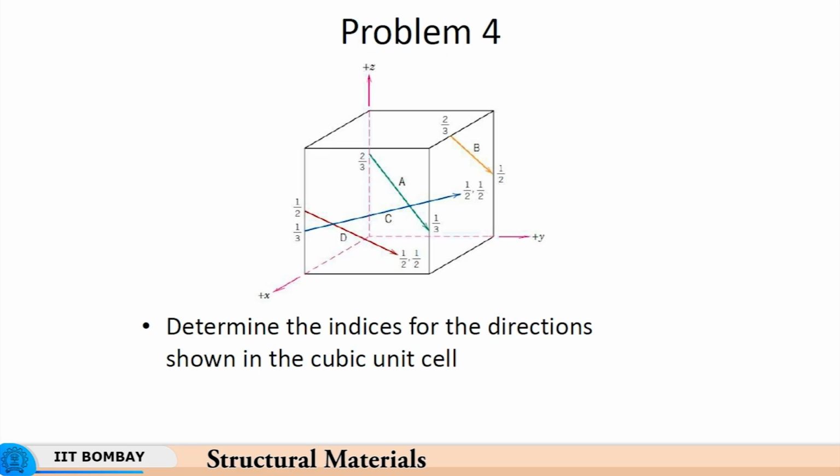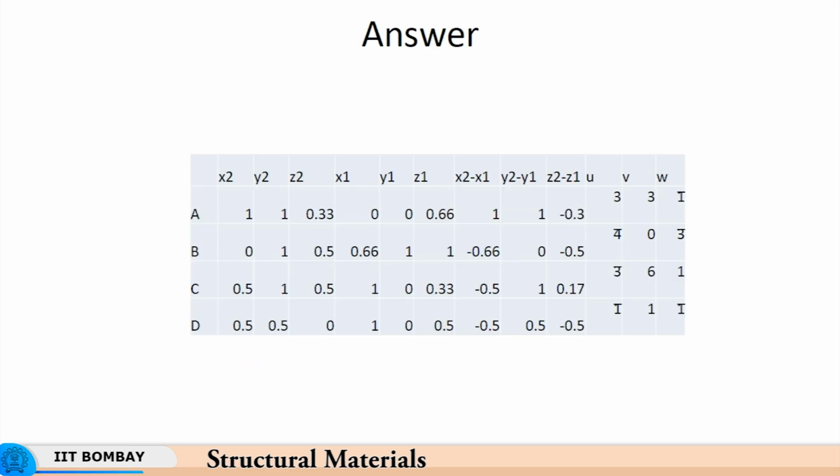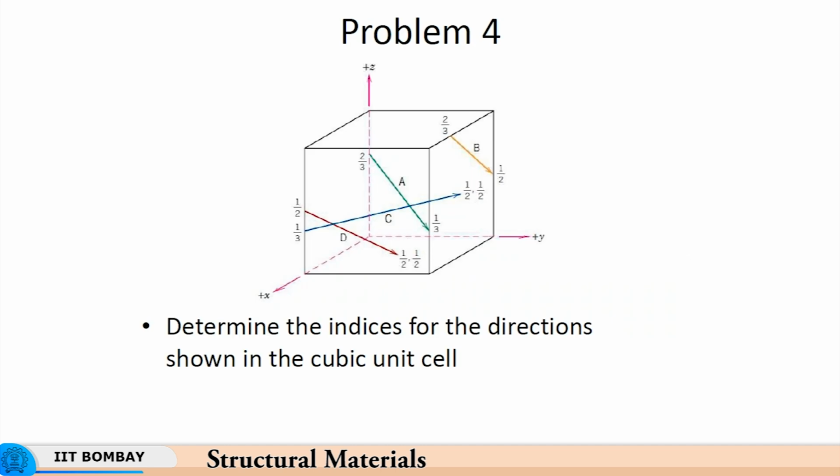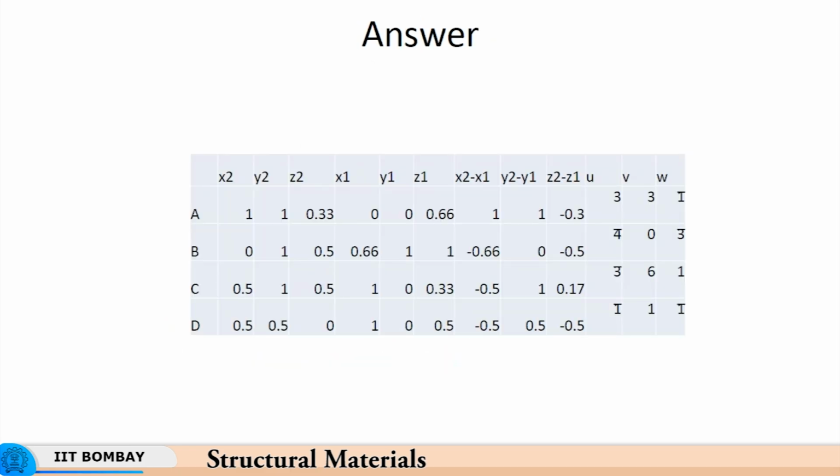So, this way I have put together a table. X2, Y2, Z2 refers to the head and X1, Y1, Z1 refers to the tail. So, head has got coordinates for A it is 1, 1, 0.33. So, the head for A has got 1 and Z is 0.33, 1/3, right, and so that is been put here.